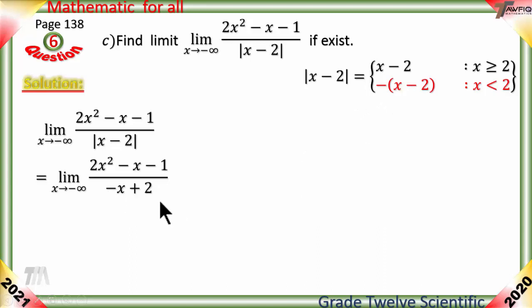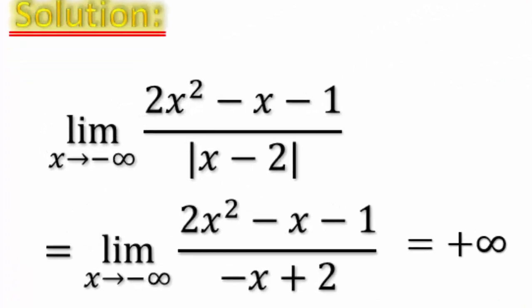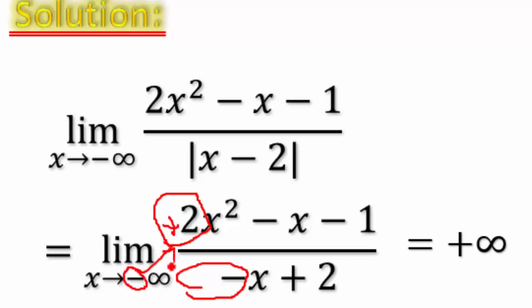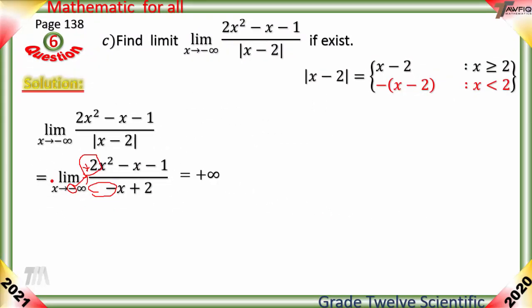And now, because the leading coefficient of the numerator is positive and the leading coefficient of the denominator is negative, negative times positive is negative. Negative times negative is positive. That means this limit is equal to positive infinity.